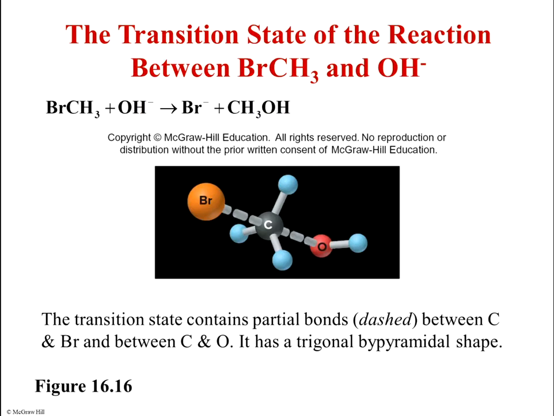So that tells us that the carbon-bromine bond and the carbon-oxygen bond are only partial bonds. There's not enough electrons to make a full bond to either one of these species. So this transition state species cannot be isolated. Here it's shown as having a trigonal bipyramidal shape, but again, it's a fleeting species, not having any significant lifetime.